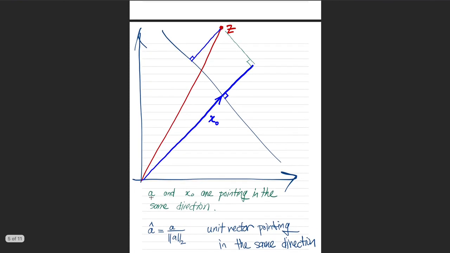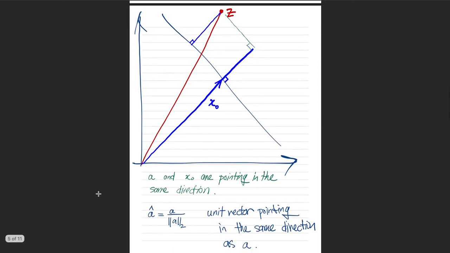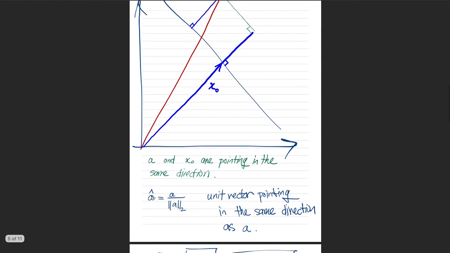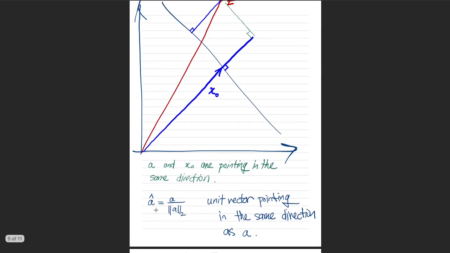Now remember A and x0 from the previous lecture are pointing in the same direction. Now we can create something like a hat. That's something that people do to make a vector out of the original vector that is pointing in the same direction but has a length of 1.